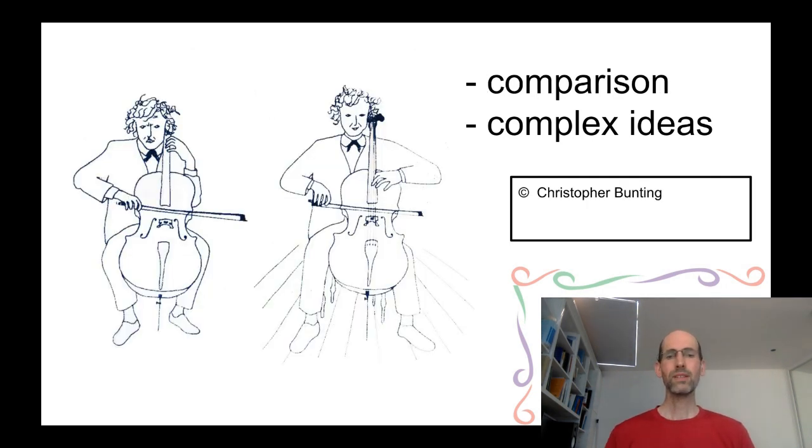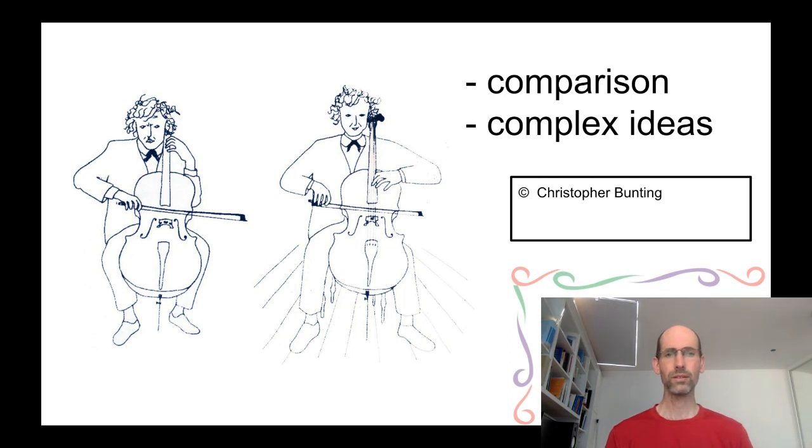And finally, this is a couple of my favorite images. These are images drawn by the cellist and pedagogue Christopher Bunting. So again, it's a kind of comparison exercise. And it's a sort of spot the difference, really, and you can ask students to spot the difference.